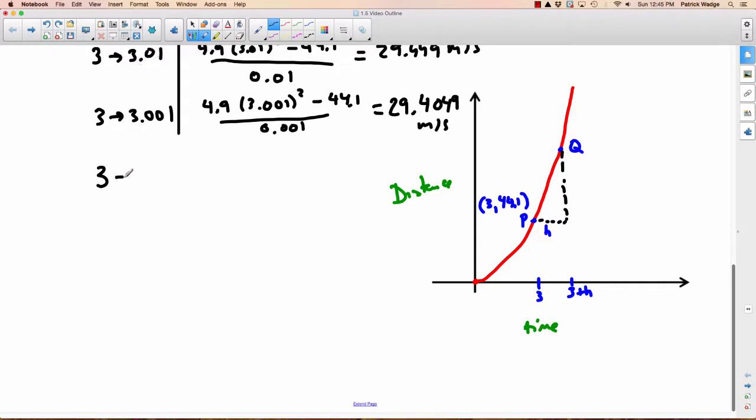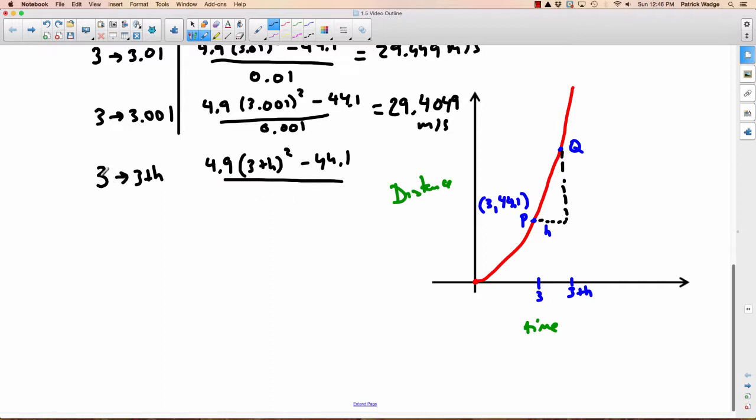We're going to go from 3 to 3 plus h. So how would we do that? Well, we would have to put 3 plus h into our formula. So we'd have 4.9 times (3 plus h) squared minus 44.1, because that's the location after 3 seconds. And we're going to divide by the change in time.